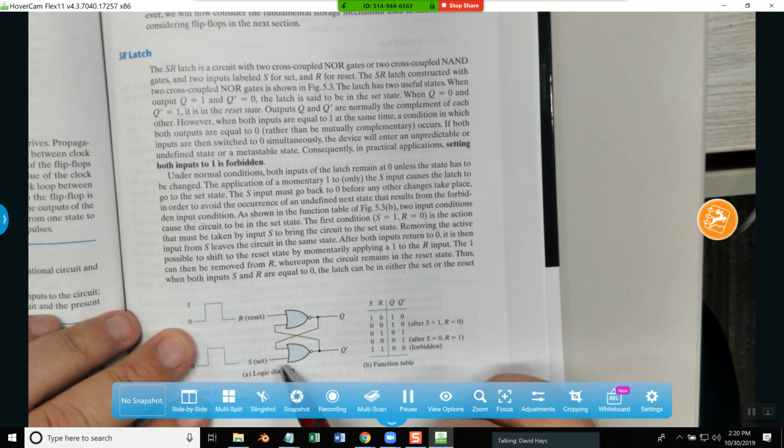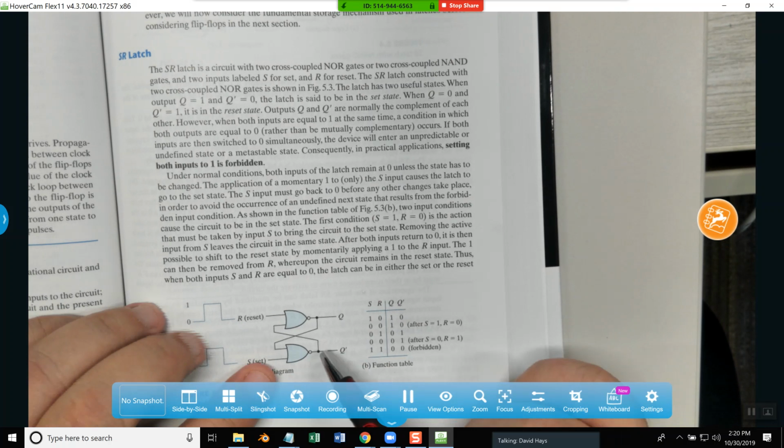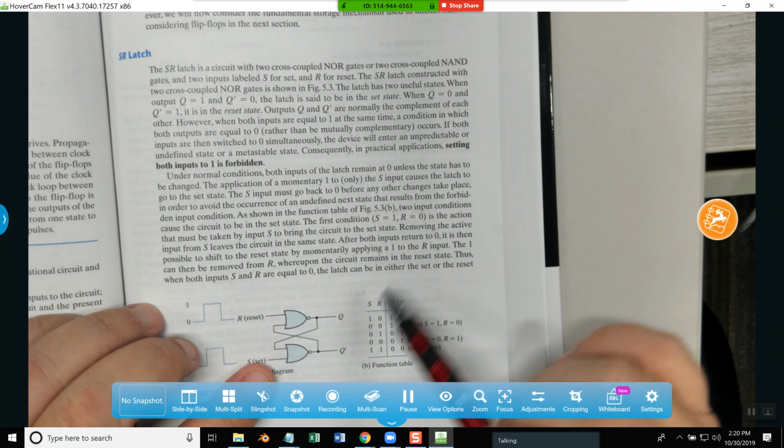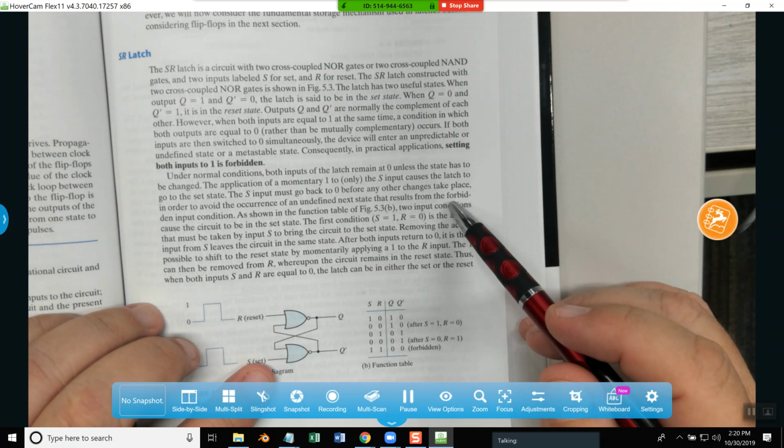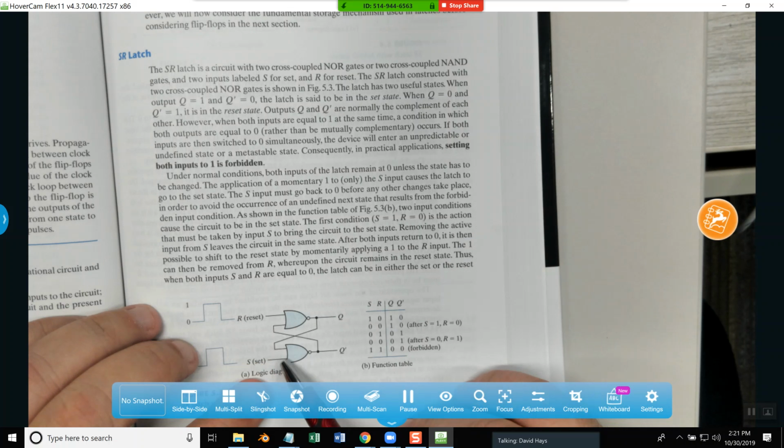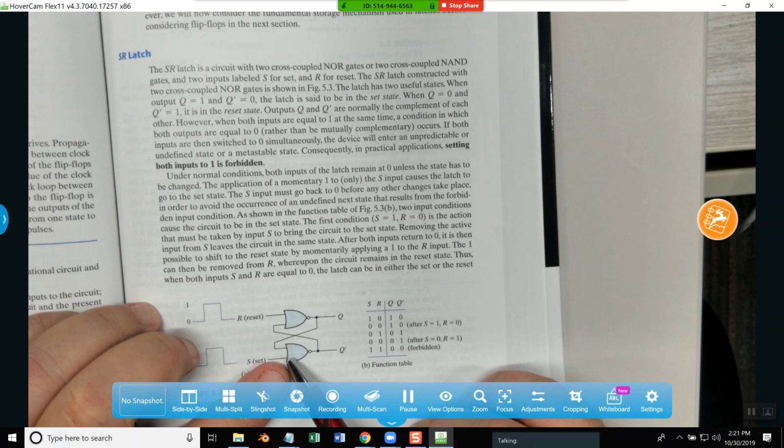So if this is a 1 coming in here, if it's a 1, Q prime is 0. So that's coming through there.